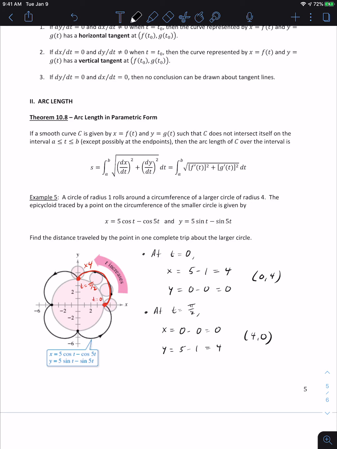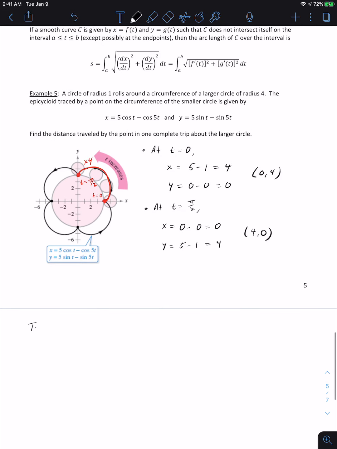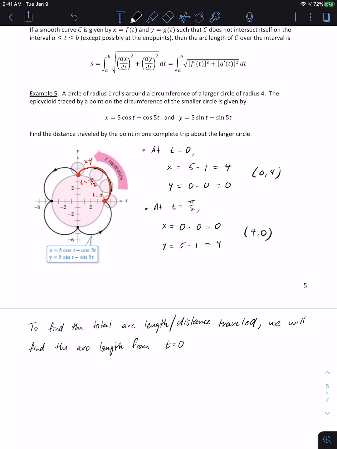So what we're going to do is use that formula. To find the total arc length, which is the distance traveled, which is what we were asked to find, we will find the arc length from t equals 0 to t equals pi over 2.